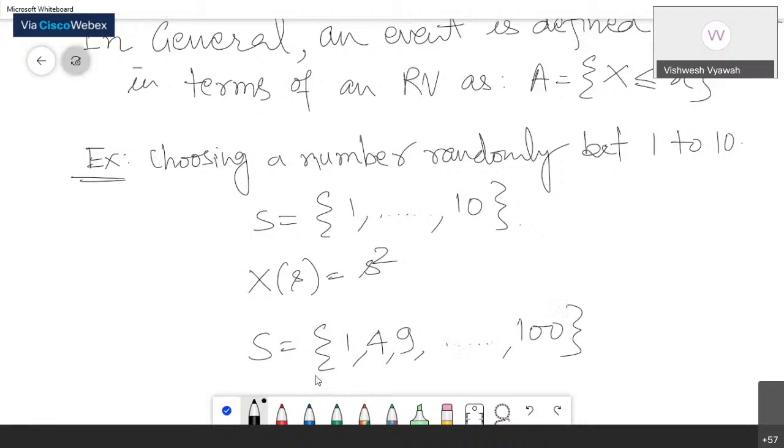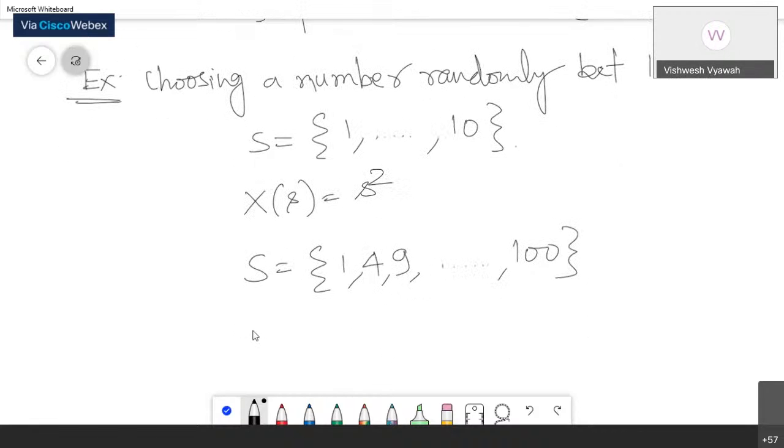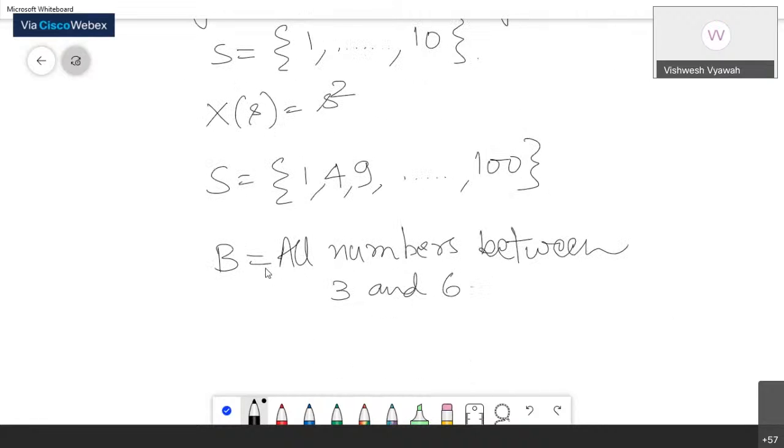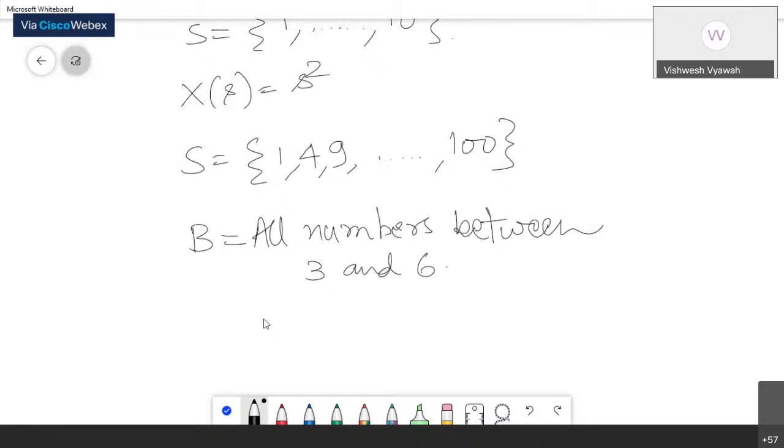Do you agree? Now I define an event B which is equal to all numbers between 3 and 6, choosing randomly numbers between 3 and 6.